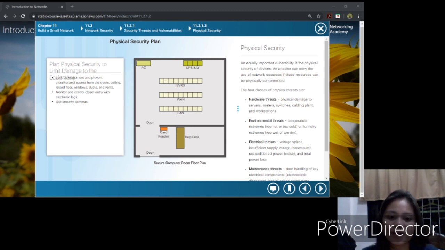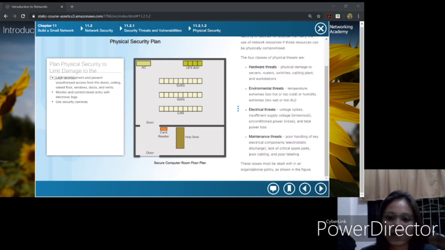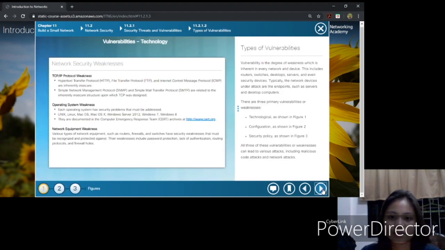The four classes of physical threat are hardware threats, such as servers, routers, switches, and the cabling plant; environmental threats, such as temperature or humidity extremes; electrical threats, such as voltage spikes, insufficient supply voltage, and so on; and maintenance threats, such as poor handling of key electrical components, lack of critical spare parts, poor cabling, and poor labeling. Next is the types of vulnerabilities, which include routers, switches, desktops, servers, and even security devices.